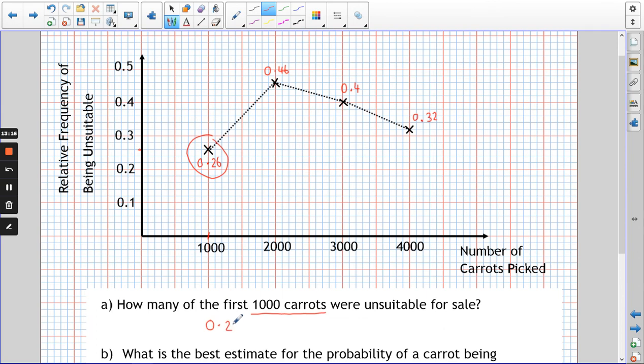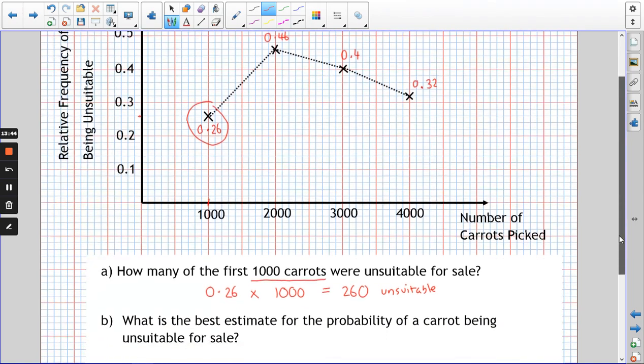So I'm going to use the 0.26 value, times 1,000. So 26% of 1,000 is 260. Now, is it the most reliable value? No, but it said how many of the first 1,000, so I had to use that first point there that marries up with 1,000 down there.